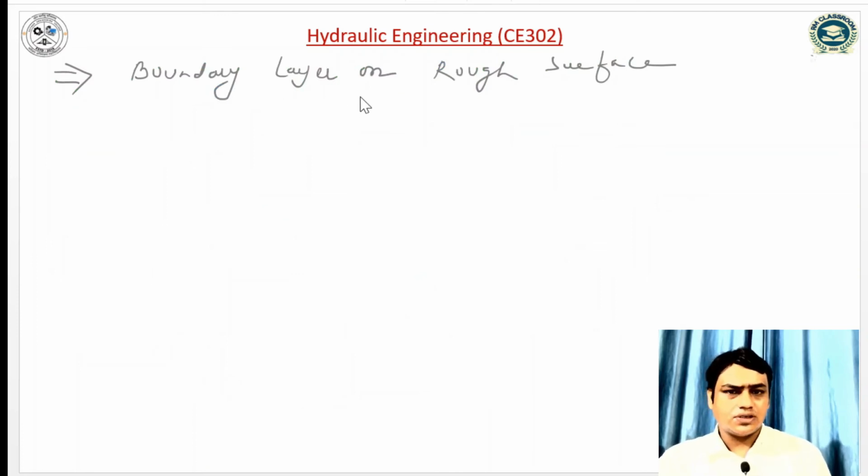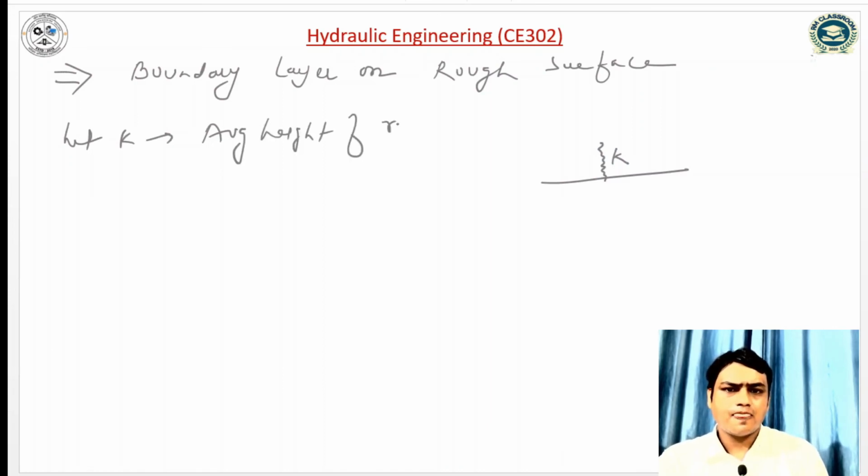Now the small topic I have left is the boundary layer on a rough surface. Let k be the average height of roughness.